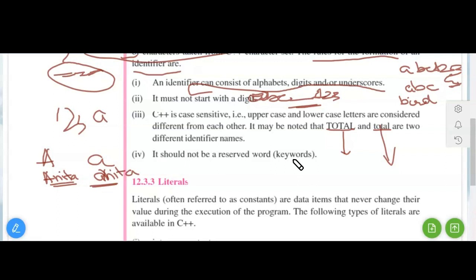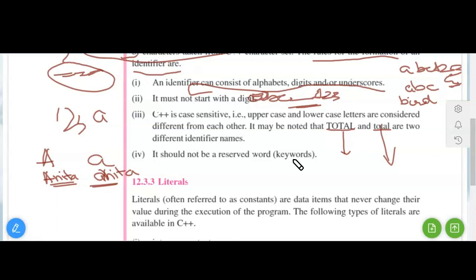So these are the four rules that you have to always keep in mind while writing a C++ program. Your variable should start with an alphabet or an underscore. You can also start with an underscore, that's also possible, but it should not start with a digit and it should not be a keyword.